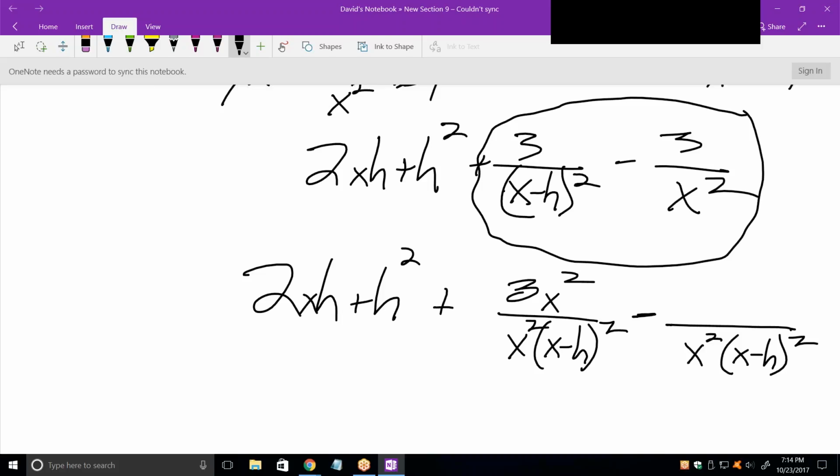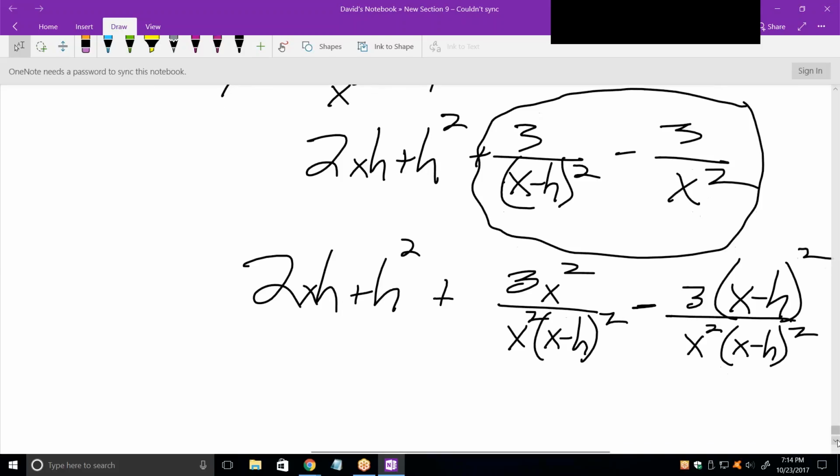And that's always what you want to make sure you have, is what you start with. Both of those fractions are the same as above. Now I can combine the numerators. But before I do it, I've got to multiply out that x plus h again. So let me do that.